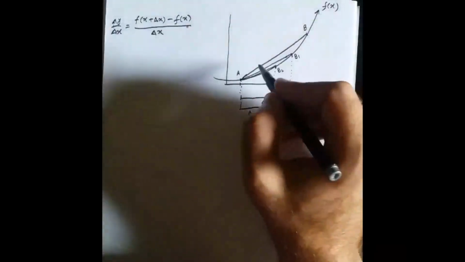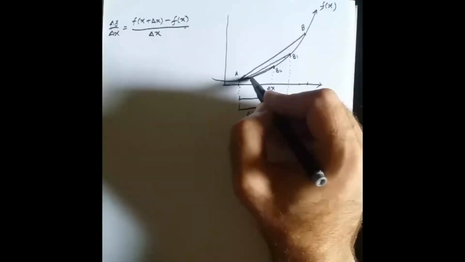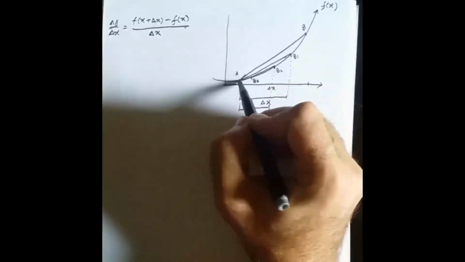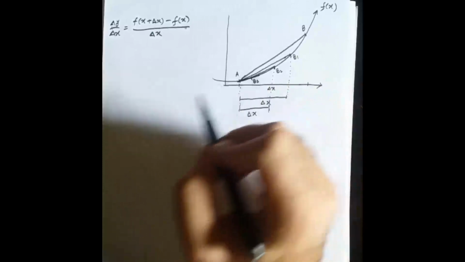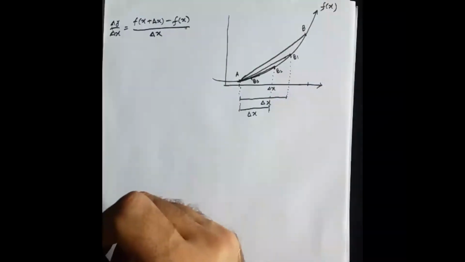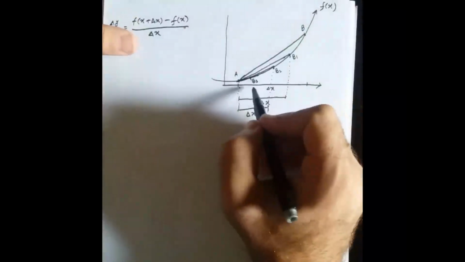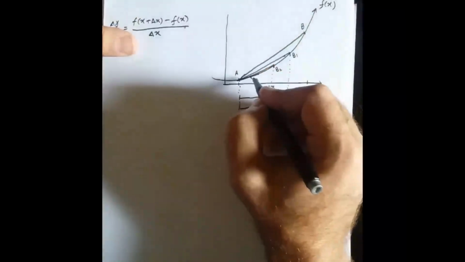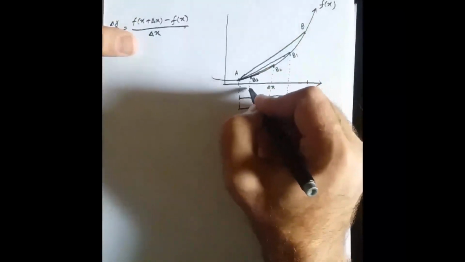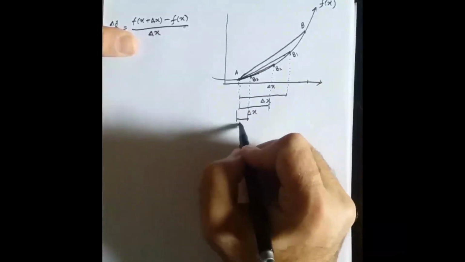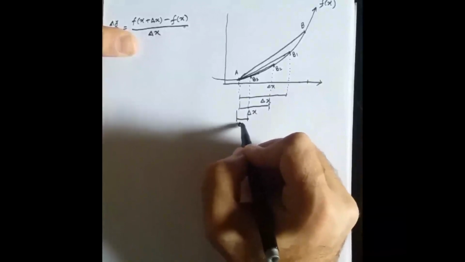Similarly, if we take B even closer to A, taking here B3, then AB3 is the new secant line, and delta x reduces again.